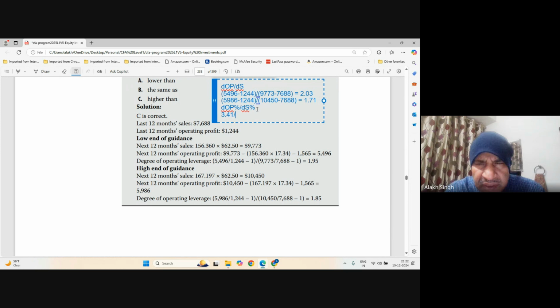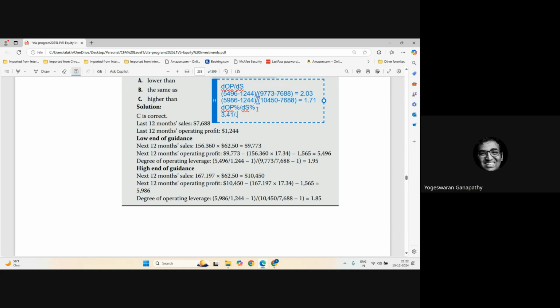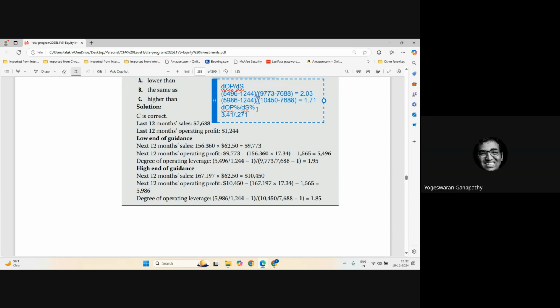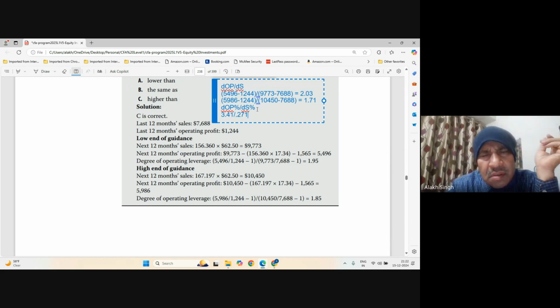So 9773 minus 7688 divided by 7688. Sir, 0.271. So this one is giving a different result because it will be much more than 3.41, and divided by 0.271 will give 7 times.